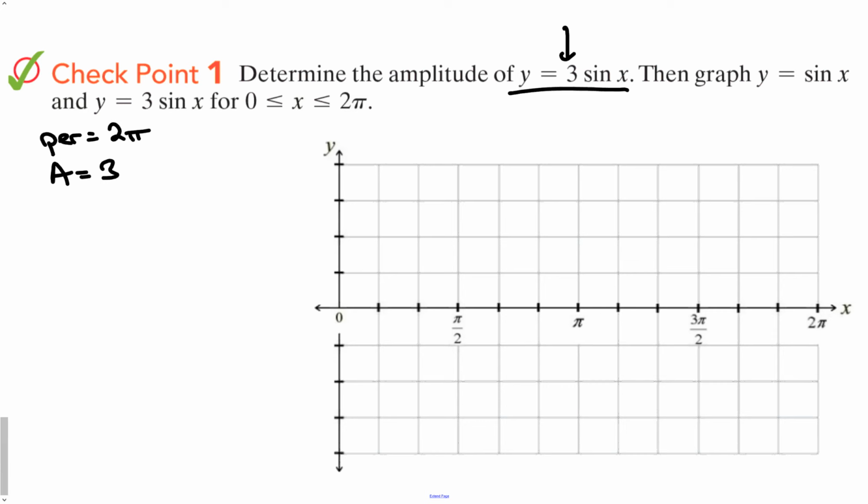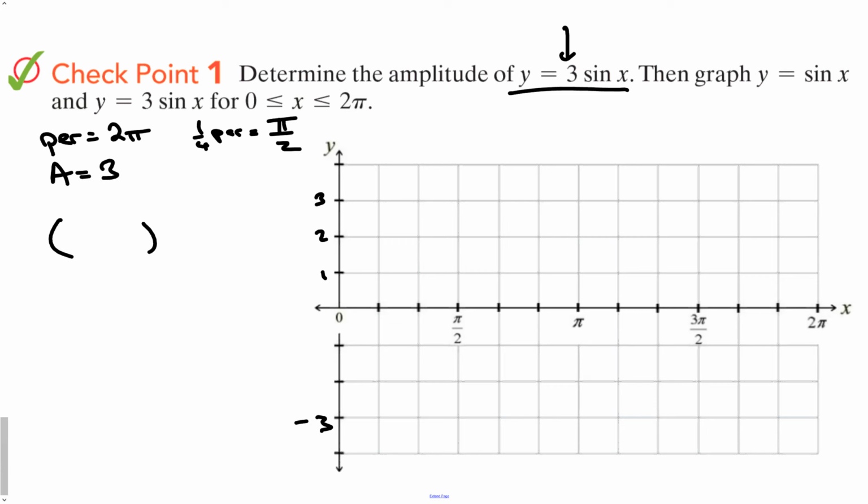Amplitude is 3. Okay, so now let's graph 3 sine x. Let's call this 1, 2, 3. This is going to stretch the function a little bit because that number is bigger than 1. Instead of doing all these separately, if the period is 2 pi, a quarter period is again pi over 2.